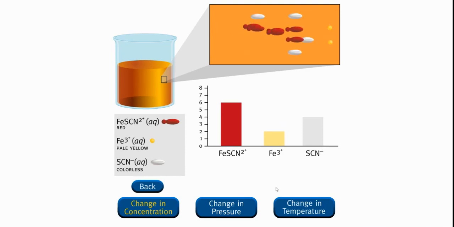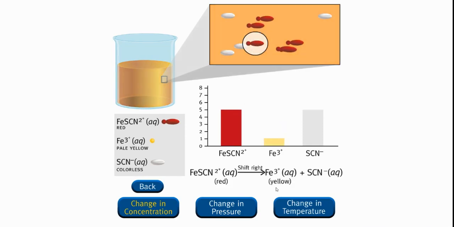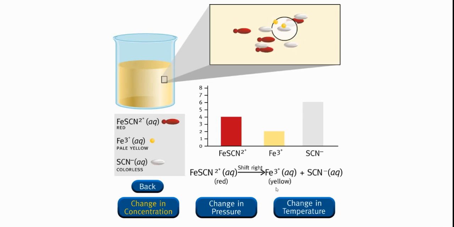Oxalic acid ionizes in water to form the oxalate ion C2O4 which binds strongly to the iron 3+ ions. Free iron 3+ ions are removed from the solution as the stable yellow ion iron 3 oxalate is formed. The system shifts from left to right to replace some of the iron 3+ ions.